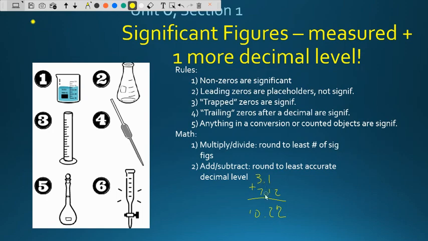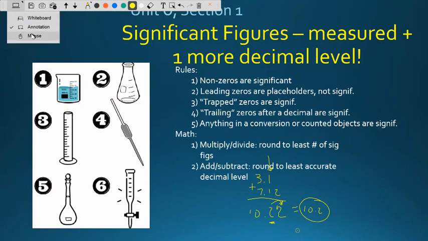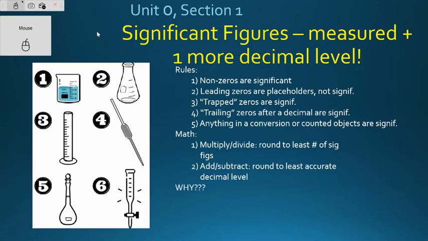I don't care that there's two significant figures here and there's 3 here. What I do is I look to, this is only accurate down to the tenths place. And so there's my tenths place. The next number is less than 5. So my answer will end up being 10.2. Okay, so that's how that works in terms of rounding with significant figures.